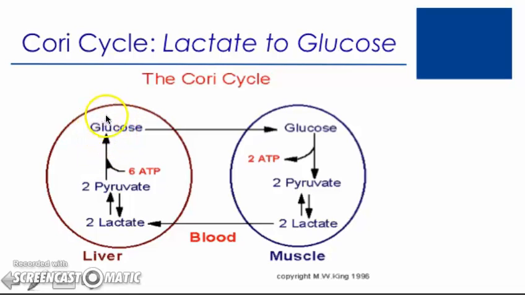The glucose formed in the liver through gluconeogenesis can then exit the liver cell, enter circulation, and then be picked up by the muscle again. And that glucose can be used to undergo glycolysis, produce ATP to fuel continued muscle contraction. This is an energetically expensive process, as you can see the conversion of lactate to pyruvate to glucose utilizes 6 ATP.